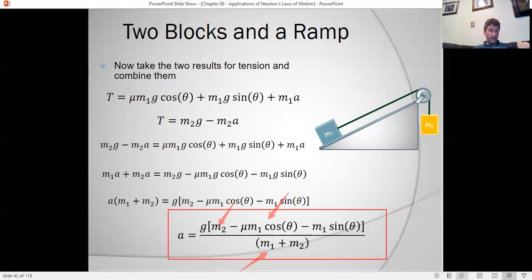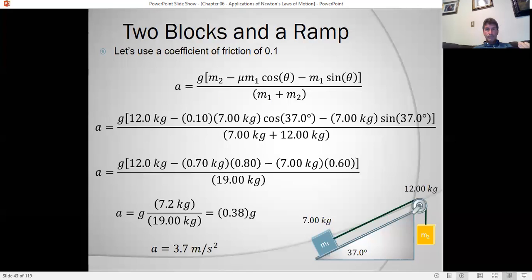And then finally, because it's an inclined plane, we also have some contribution from gravity, which is also slowing it down.